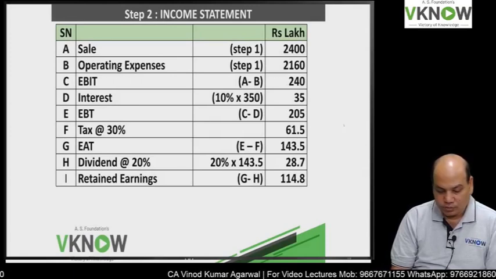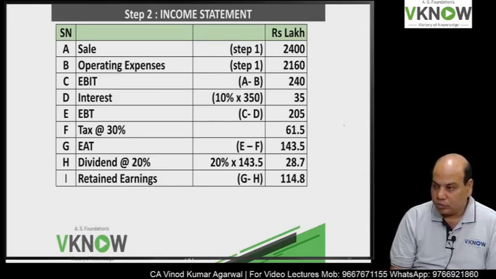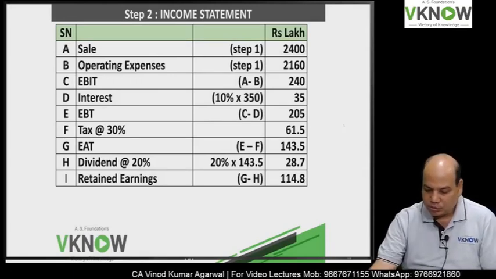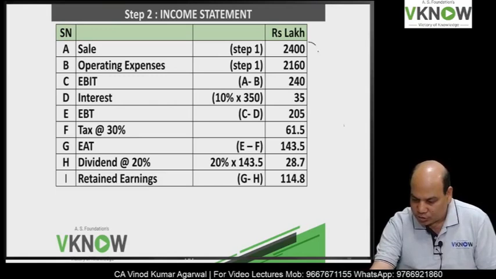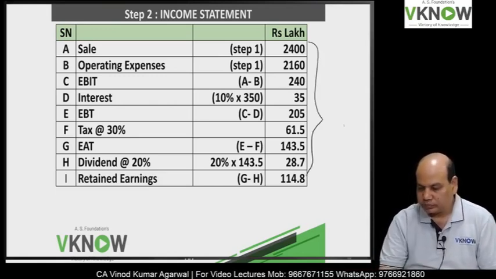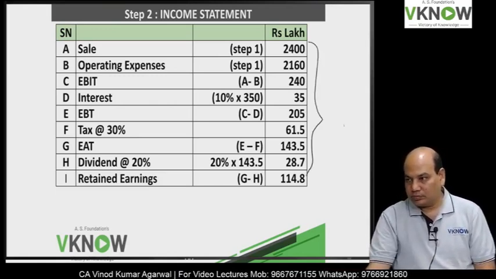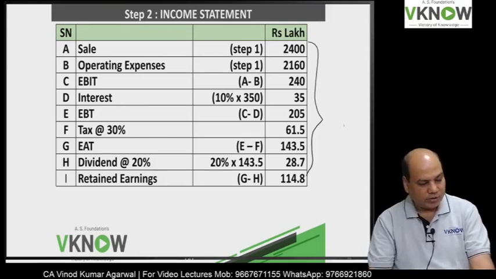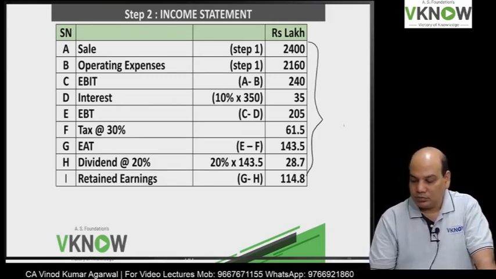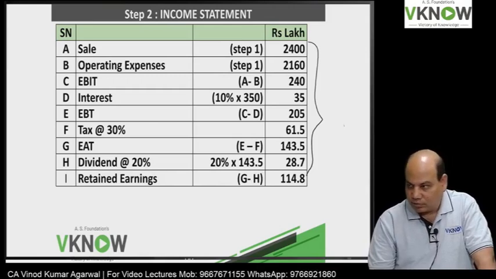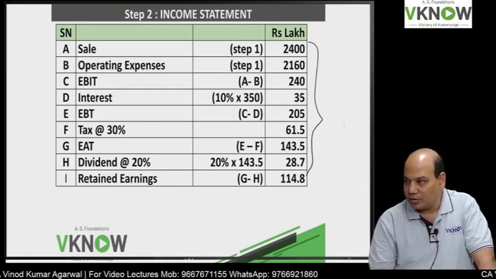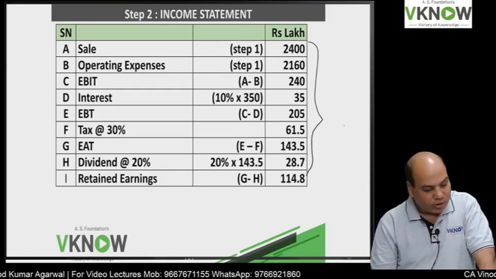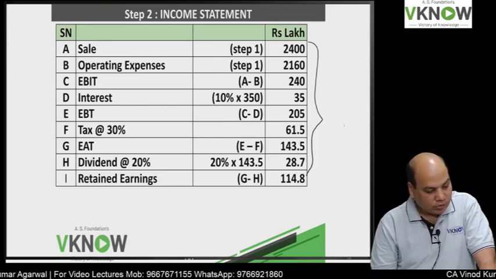G minus H, 114.8. Suppose you don't want to write this, it is okay. Up to this is also okay. It is not required, but in the institute answer it was written. Otherwise, the income statement does not show retained earning. Okay, now my first answer is over.